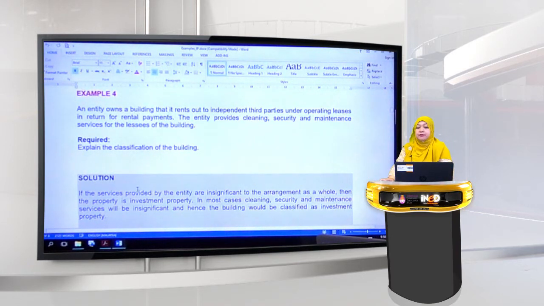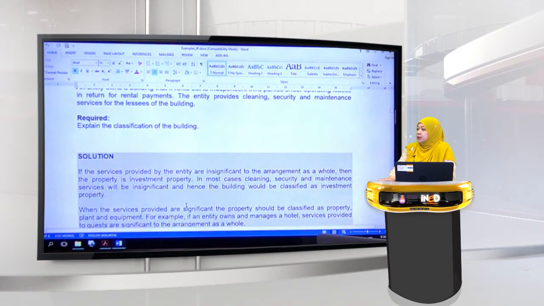An entity that owns a building rents it out to independent parties under operating lease in return for rental payment. The entity provides cleaning, security and maintenance services for the lessee of the building. Alright, so explain the classification of the building. If the services provided by the entity are insignificant to the arrangement as a whole, then the property is considered as investment property. Alright, so for the ancillary services, if the amount spent is insignificant, then we will classify that property as investment property.